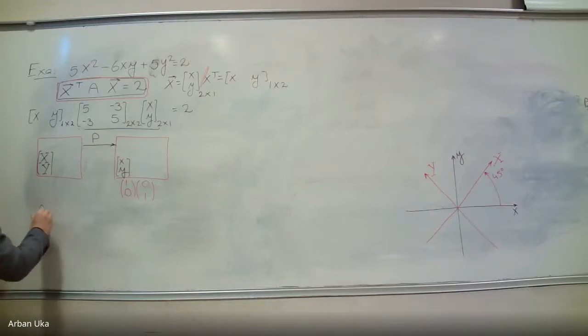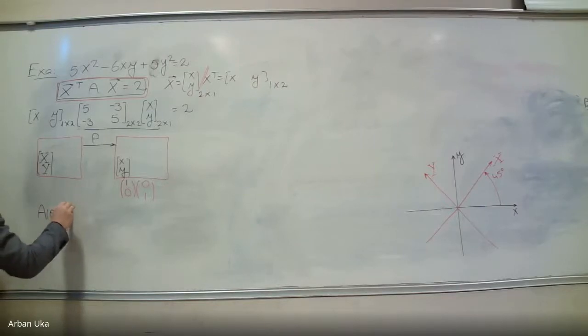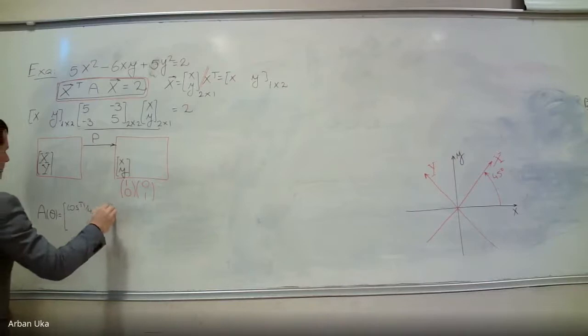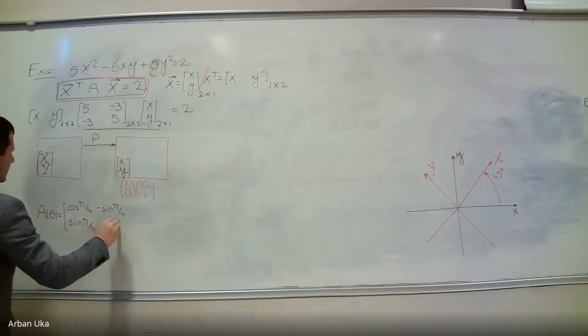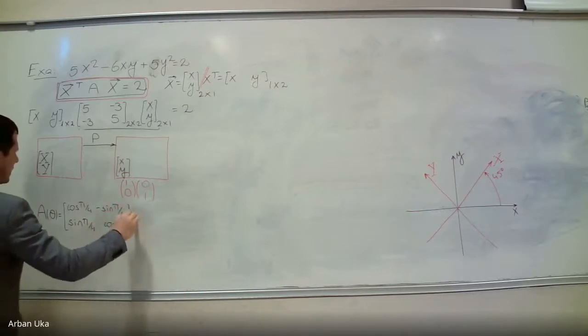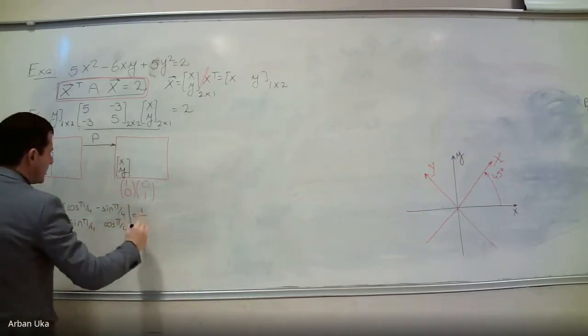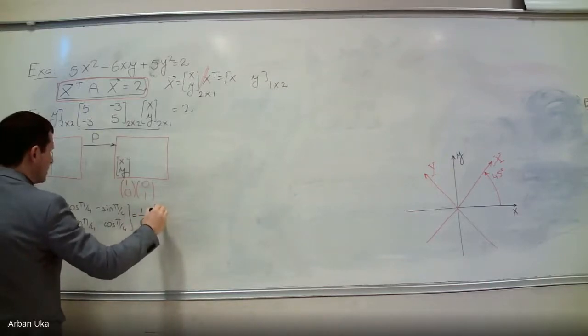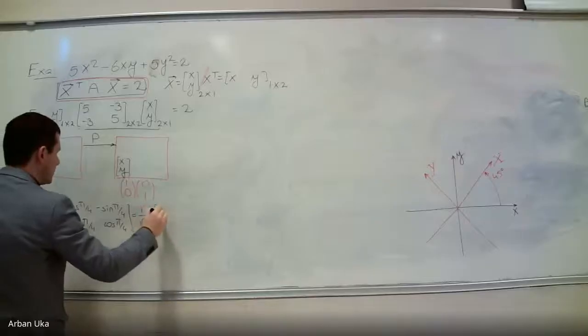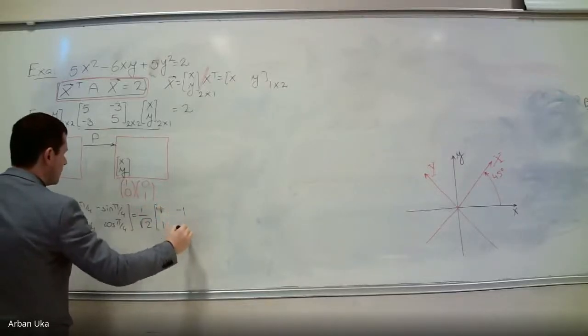So we have a matrix A, which rotates by pi over 4, and this would be equal to cosine pi over 4, minus sine pi over 4, sine pi over 4, and cosine pi over 4. Now, all of these values are equal to 1 over square root of 2 times the matrix 1, minus 1, 1, 1.